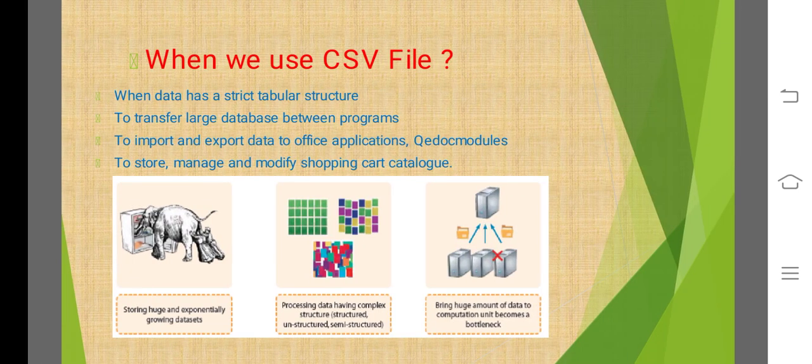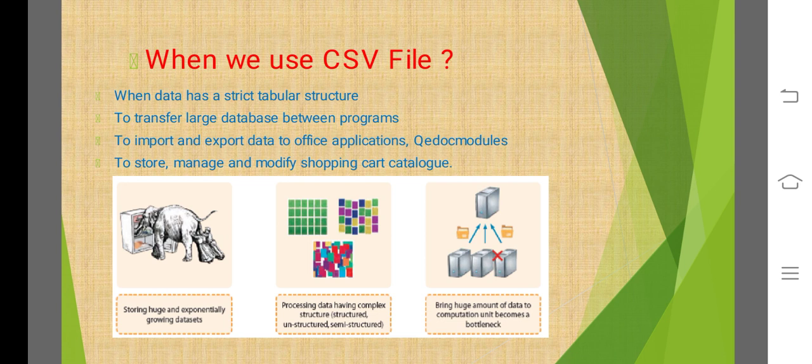Now let's move on. When do we require CSV files? When data has a strictly tabulated structure, at that time we can use a CSV file. To transfer large data between programs, we use CSV files, because a CSV file takes a smaller amount of space to store the values. That's why we use CSV files to import and export data to office applications, and to store, manage and modify a shopping cart catalog.